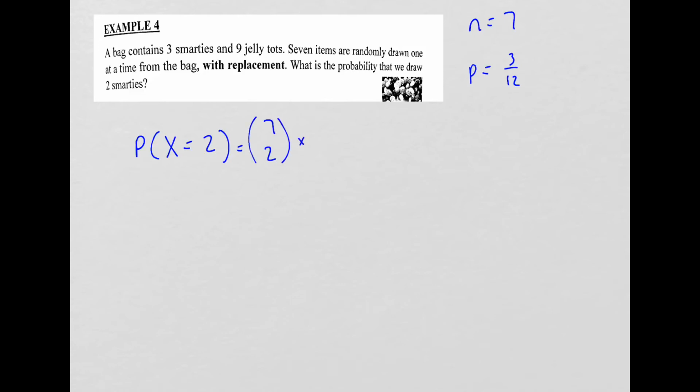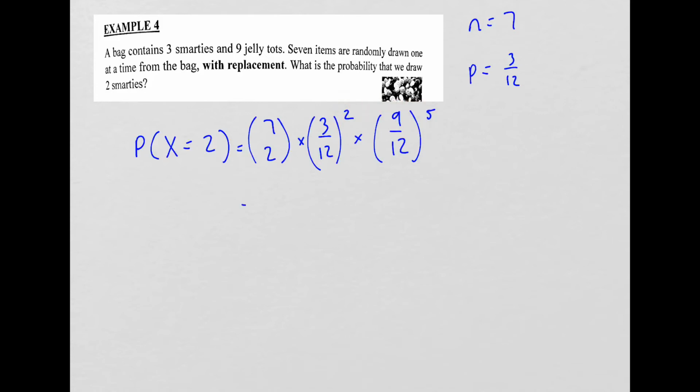And our success, or our p-value 3 over 12, means that the exponent will be 2, and our failure rate will be 9 out of 12, all the remaining sweets, and that will be to the power of 5, to give us a total of 7 if we add the 2 and the 5.